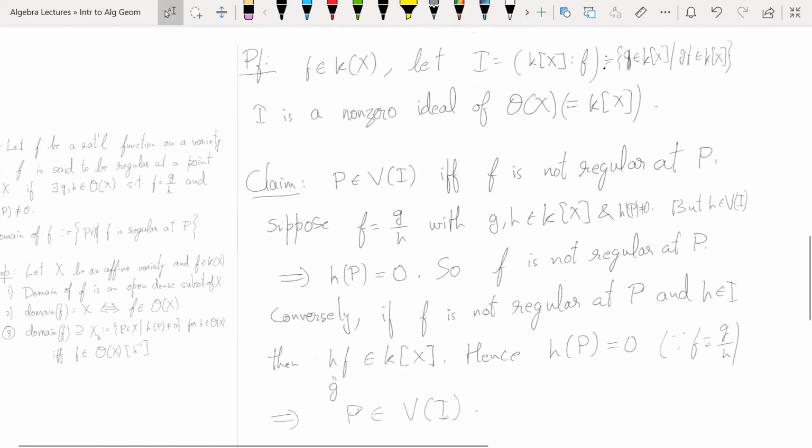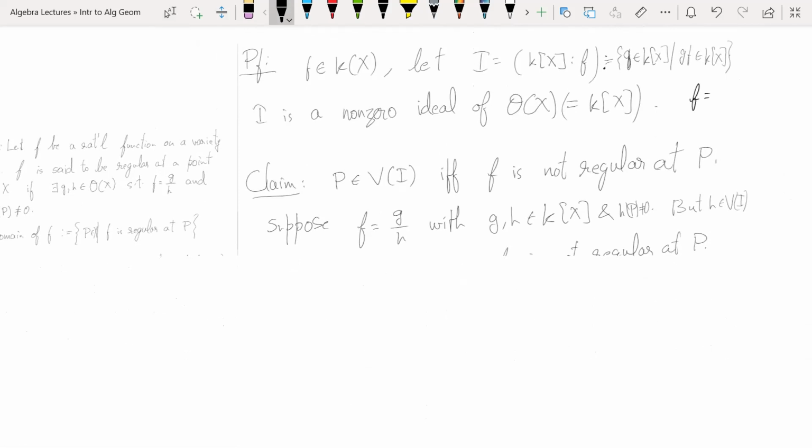And why is it non-zero? So what's one non-zero element you can find? It will depend upon f. So f is a rational function, f is some f1 over f2, where f1, f2 are in k[X], regular functions, and f2 is non-zero.